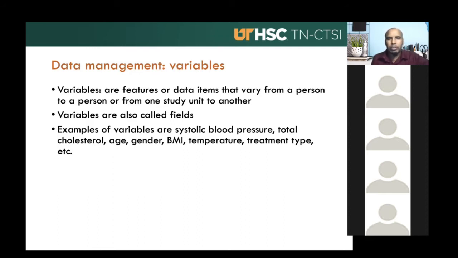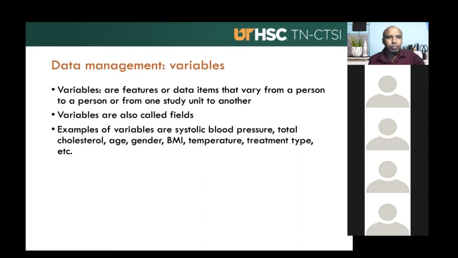So for example, if we take cholesterol in inpatient or outpatient department, whenever we receive patients, if you are interested in their blood cholesterol, when we measure the blood cholesterol of one patient, it's likely to vary from that of the other patient.